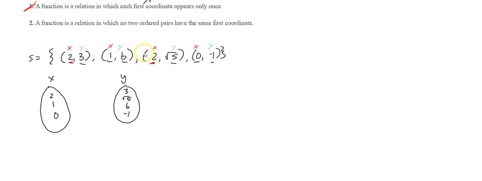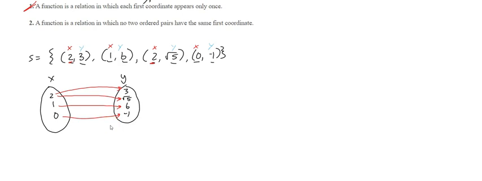Well, we already see that. And here's what's happening. If you see it pictorially, the 2 can go to the 3. But the 2 also goes to the root 5. And then 1 goes to the 6, 0 goes to the negative 1.